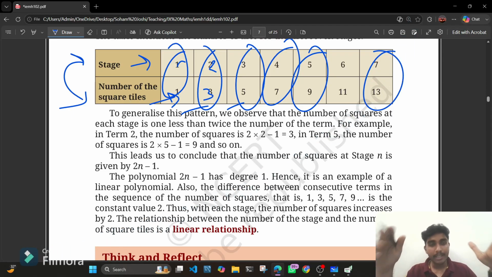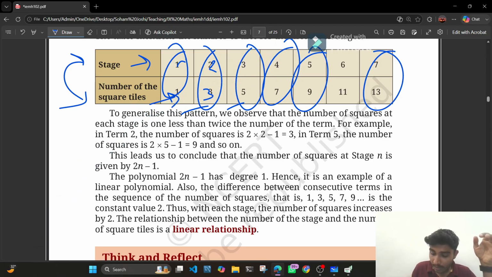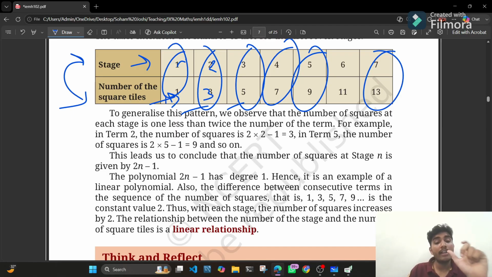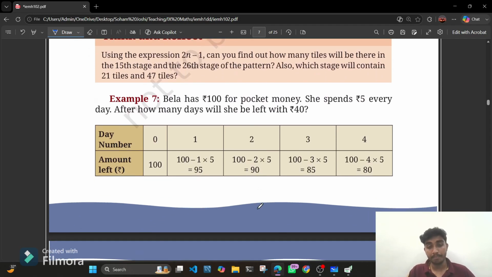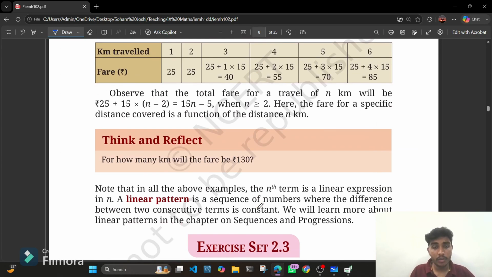Do not take it seriously, but you can refer to it over here कि अगर स्टेज 1 है, मेरा 1 है, तो उससे मेरा नंबर ऑफ स्क्वायर टाइल्स पे फर्क पड़ रहा है। So that is why they share a relationship. So this relationship between the number of stage and the number of square tiles is known as a linear relationship. ठीक है? I hope this part is also clear with you.